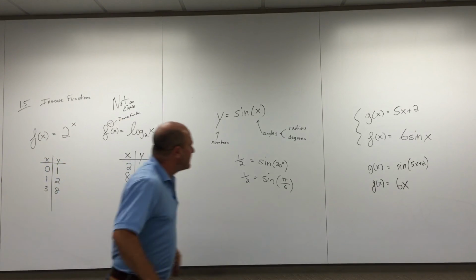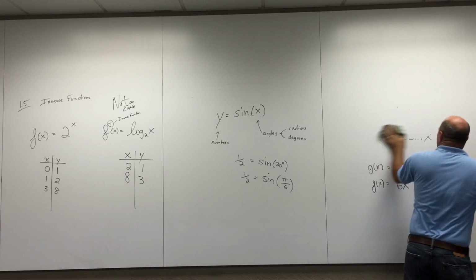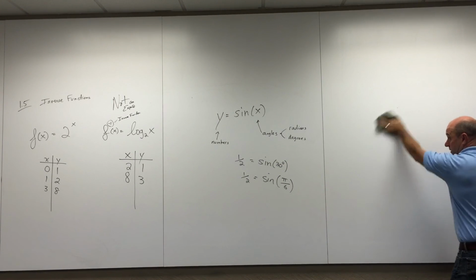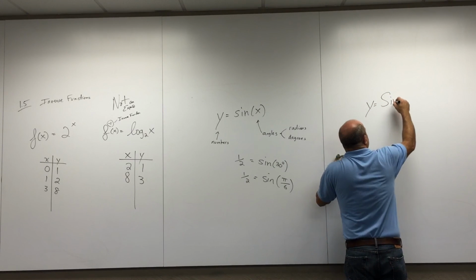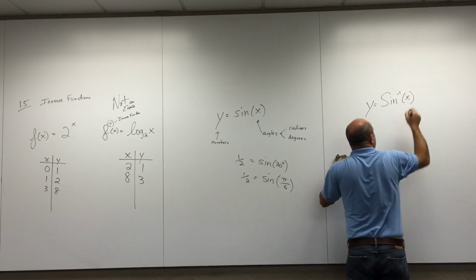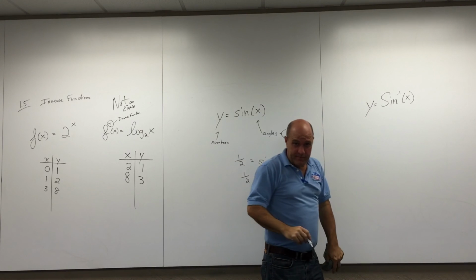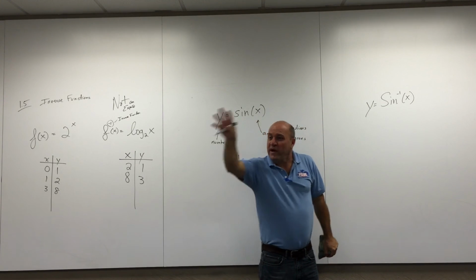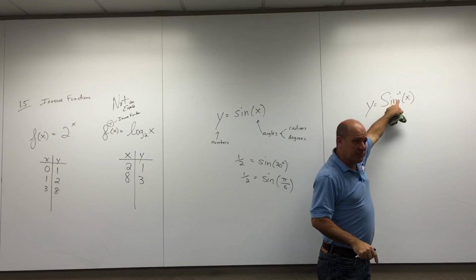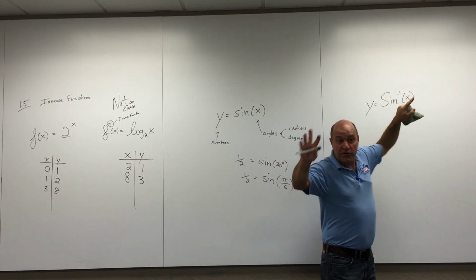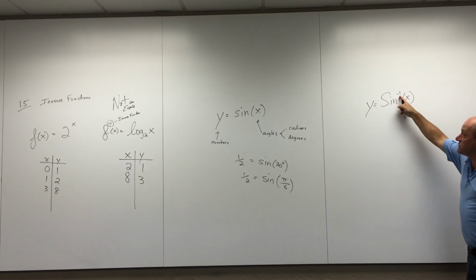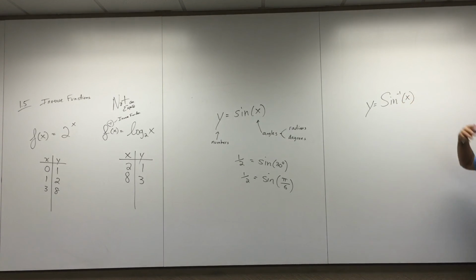I like to think about it like that because then when it comes to the inverse of it, it's this: sine inverse of x. Although, to avoid the confusion of whether that's an exponent or not, but we all know it's not, there's another notation for sine inverse.